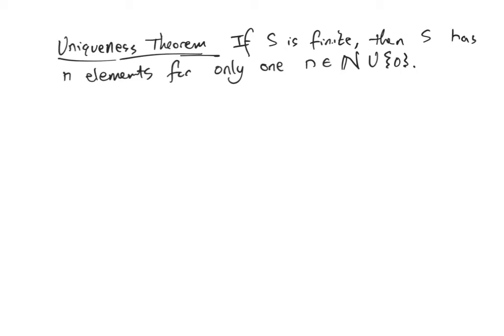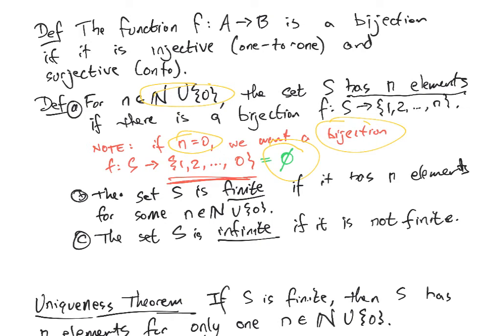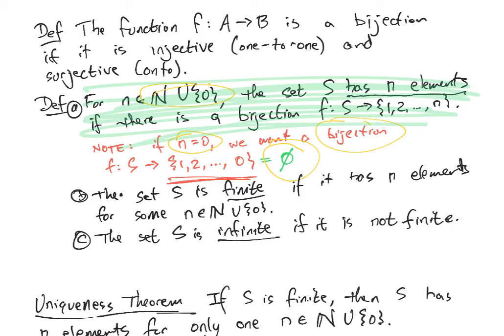Okay, that's the only reason you would ever prove this theorem, is to check that the definition above was correct. Okay. Now, let's go through the proof. So we have to use our definition that we set up right here. Okay.